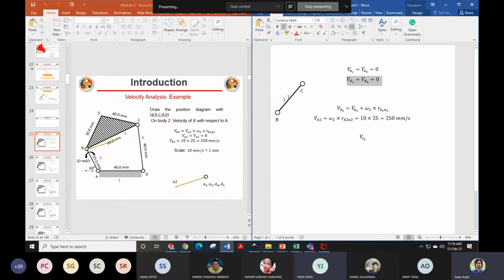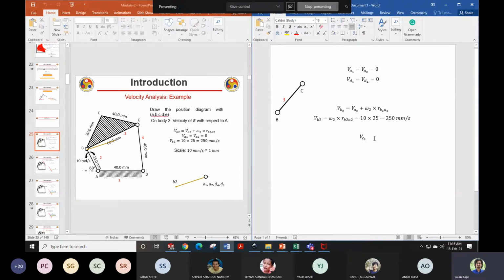Correct. Now listen, Yash, first listen to me. I am writing the equation when I am considering point C on body 3, because I know about point B, the velocity of B is already known. So I will first work on this particular one.